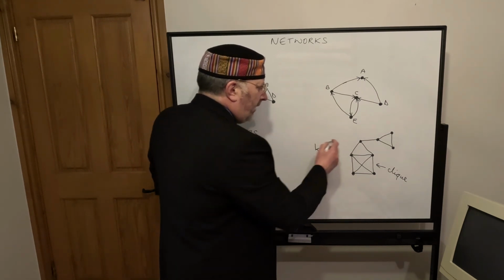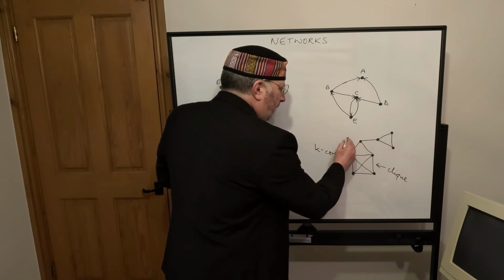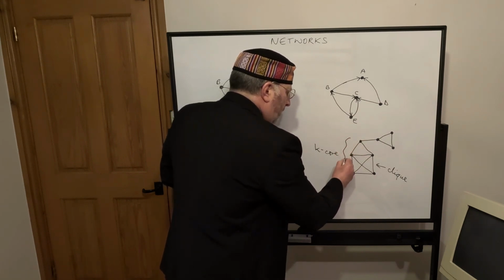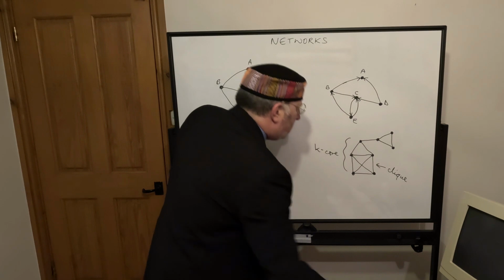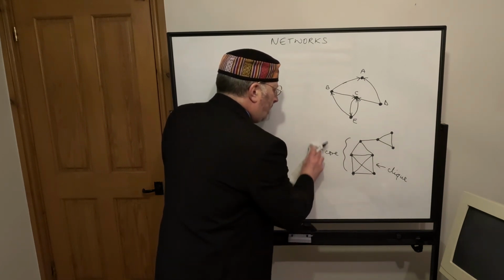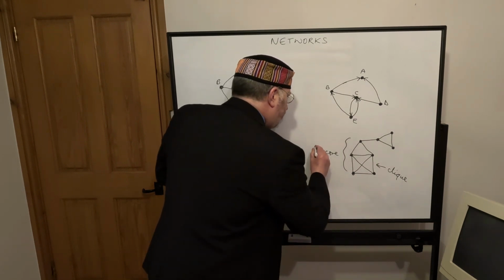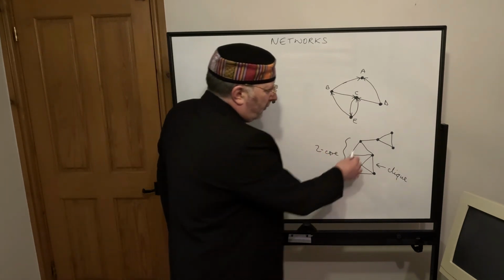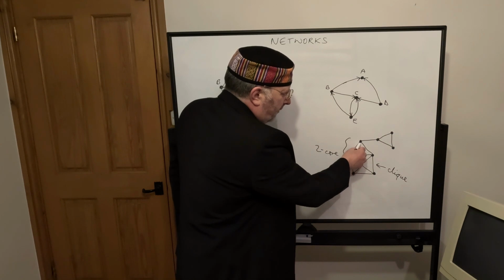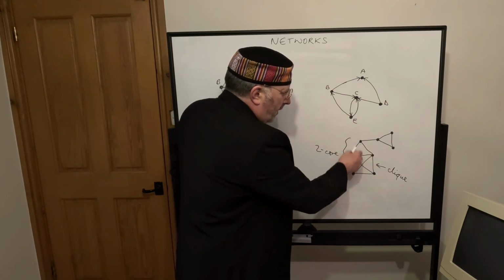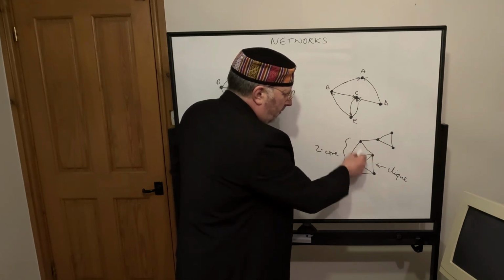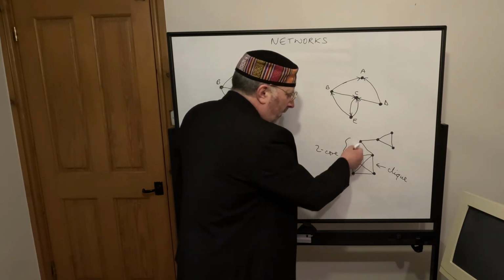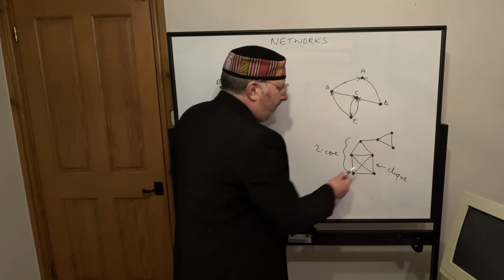So in this case here, if we include that node, we have a 2 core. Because this one is connected to at least 2 of them. Well, we're saying it's got to be connected to at least 2. Well, this one is connected to 2.